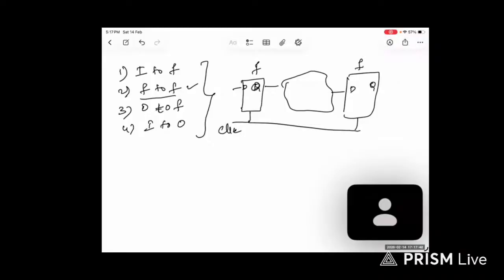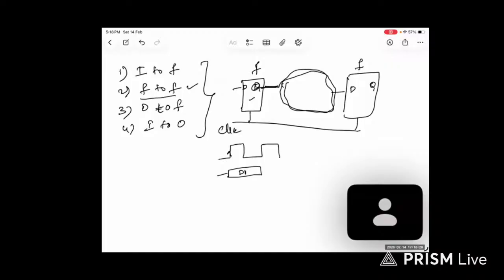Yes, sir. So here, what aspects come into the picture is that this flip flop has to launch the data. Whatever it has stored in this flip flop, it has to launch from here and pass through this combinational logic. Whenever the data is launched, that means on the positive edge of the clock, say flip-flop 1, D1, data is launched.